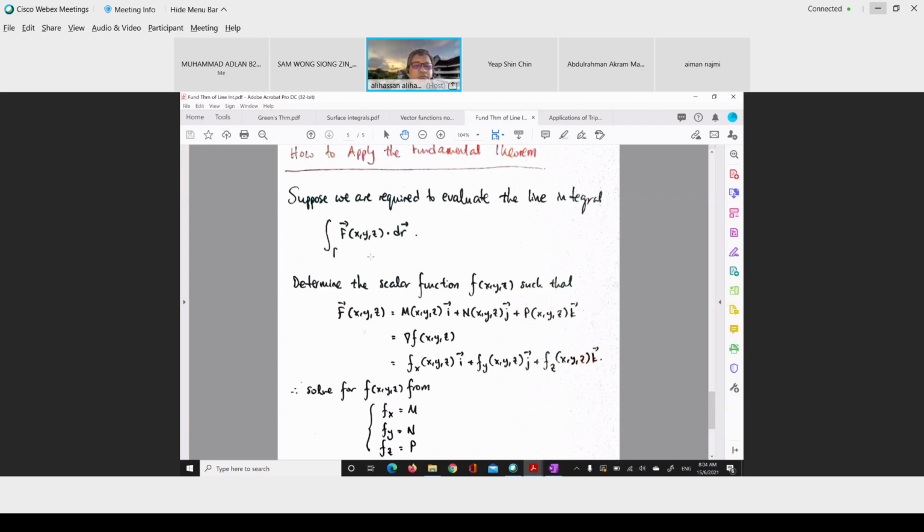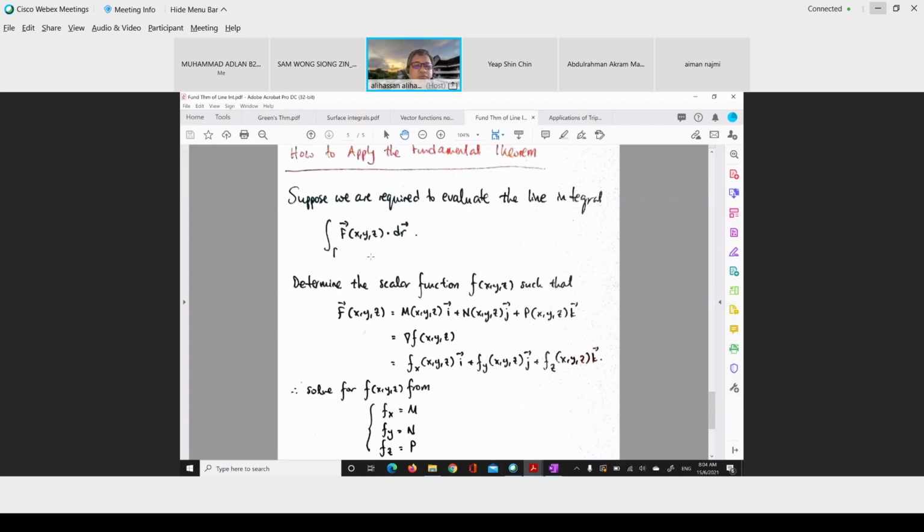Green's theorem. So let's see what Green's theorem is. Suppose we have a region omega here with a boundary gamma, and gamma is in a counterclockwise direction here. We say that it is positively oriented. In this case gamma is positively oriented.